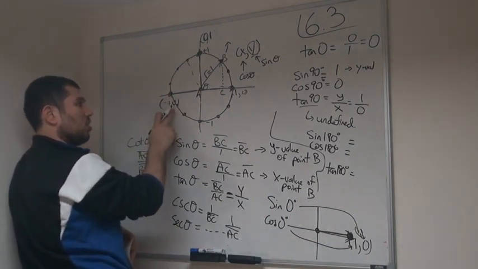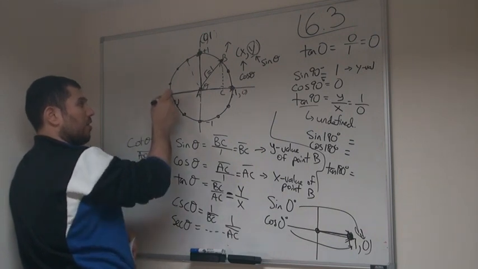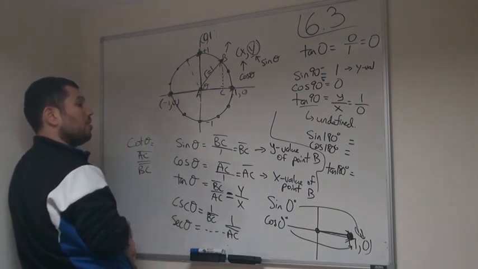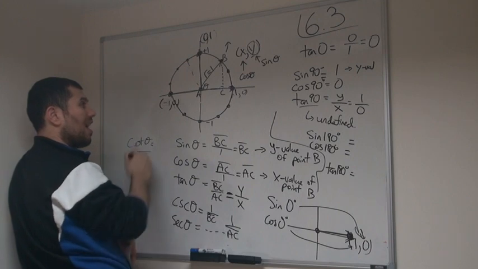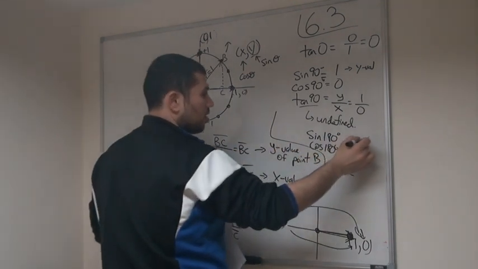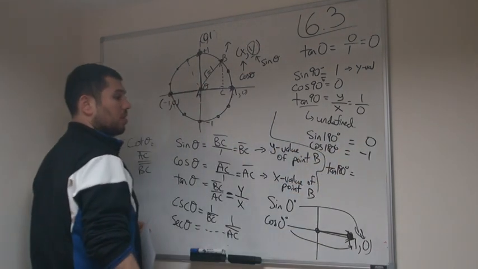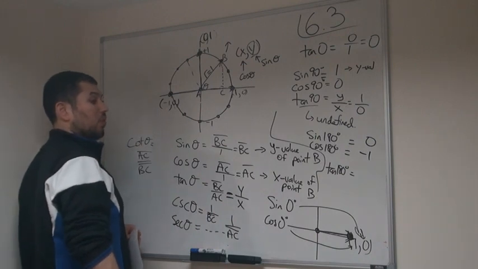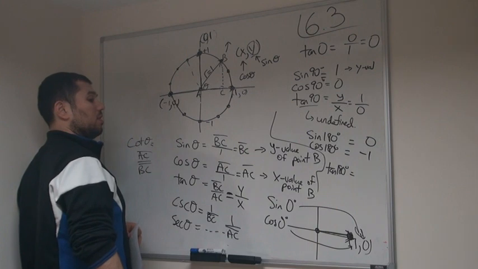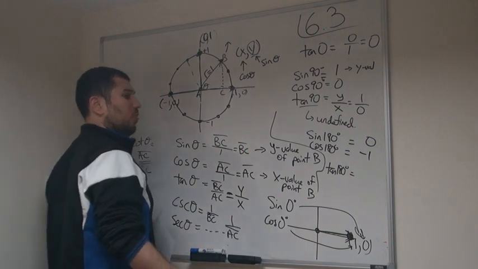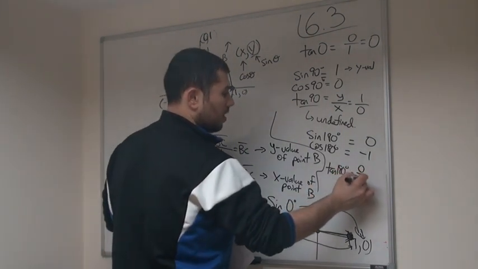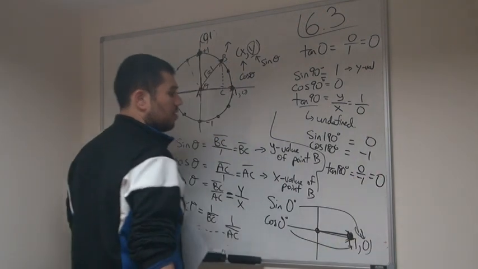The sine is the y value of the point on the terminal point. The y value is 0. The x value is a -1. So if you type in cosine 180 or cosine pi on your graphing calculator, you should get a -1. Tan would be y over x, 0 over -1, which is 0.